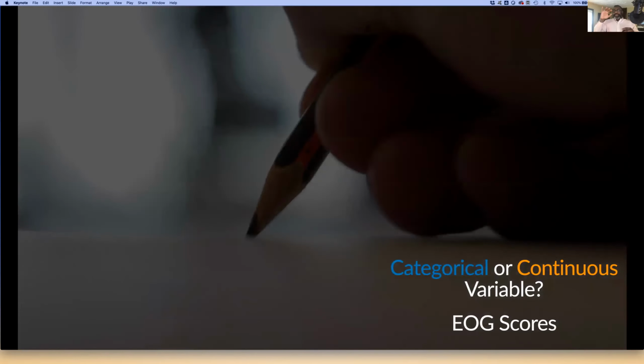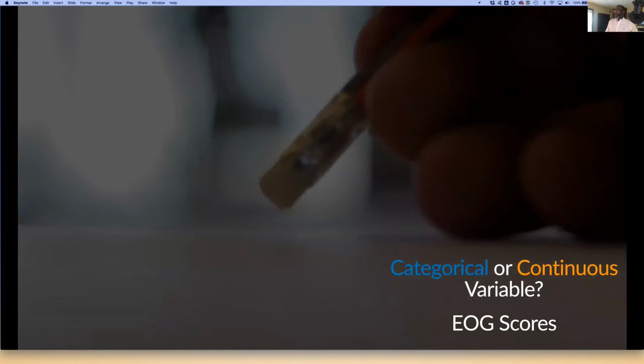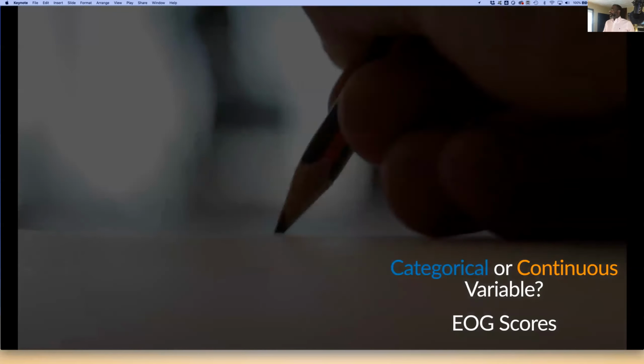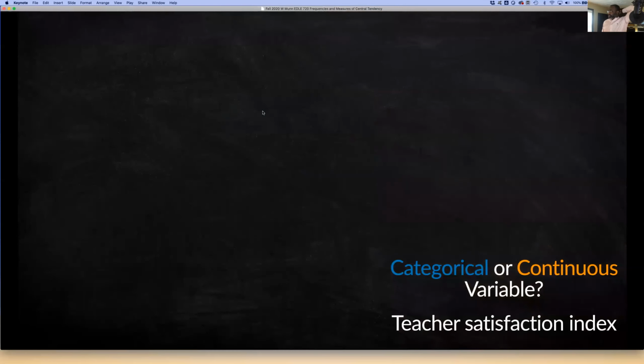So for EOG scores, if you're saying proficient and non-proficient, two clear categories, those are dichotomous, one or the other. And if you're talking about anything from 1 to 7 or something like that, then we're talking about continuous. So very good, good catch.